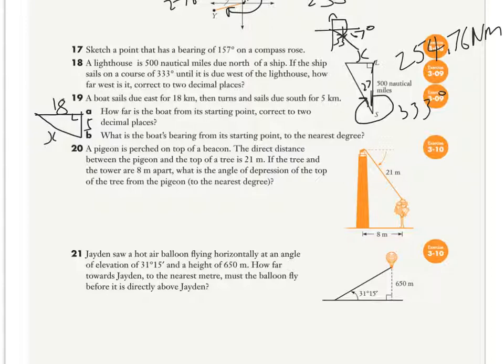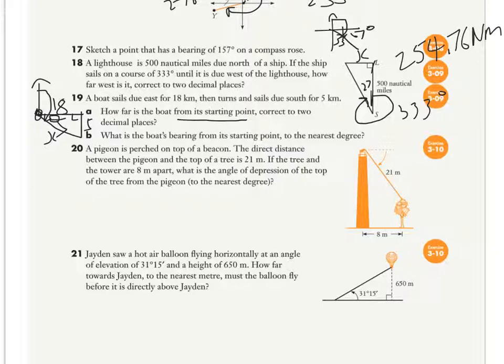Alright, so from its starting point, so its starting point was here, so we need to know what is that direction there. So north, we need to know that. So obviously it is more than 90, but not 180. So to work out that, we need that angle in there, theta.